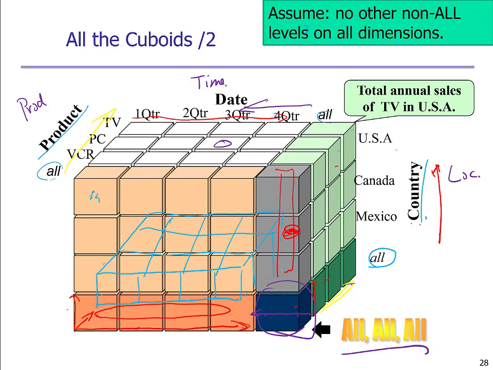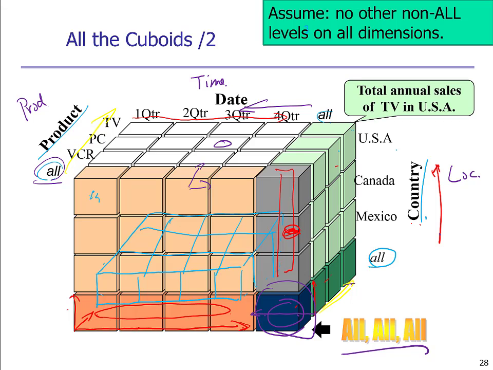So, for example, in this yellow cuboid, a cell represents what? Yeah, it represents the total sales of some date in some country across all the products. See here, all is also a level name.